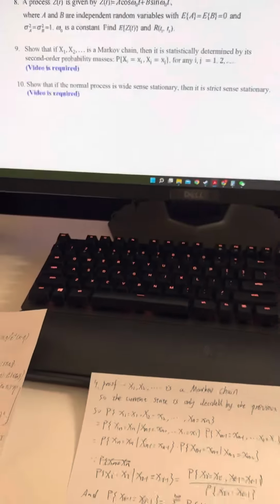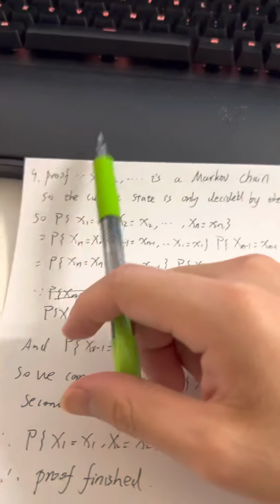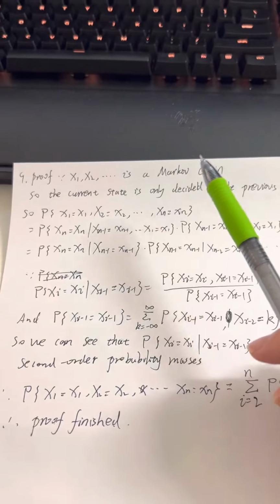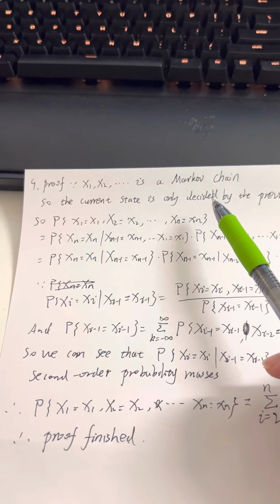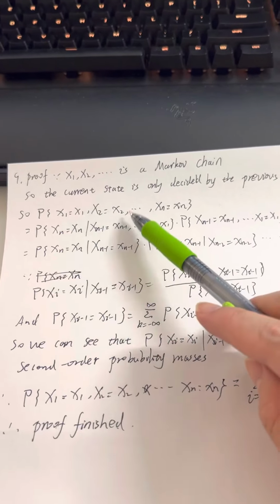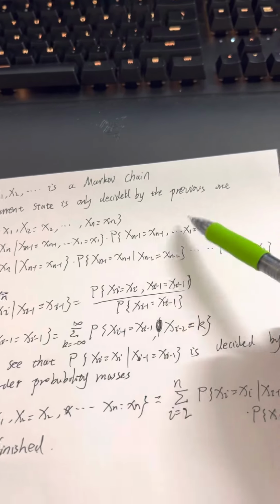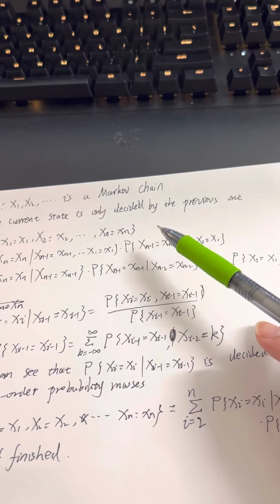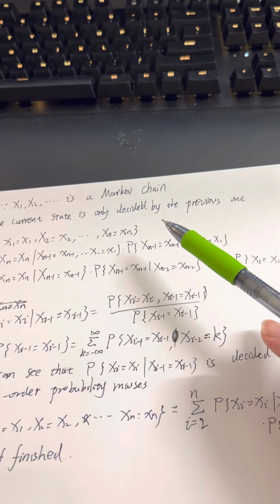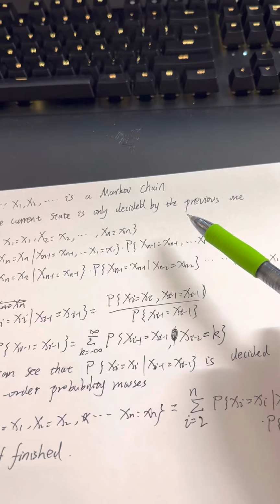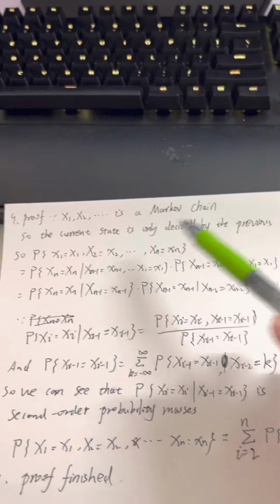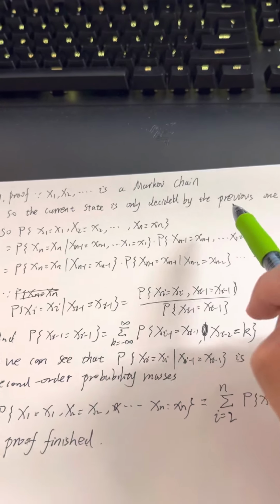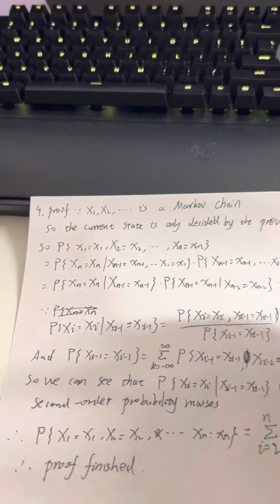Here we can easily see that a Markov chain has a very special property: its current state is decided only by the exact previous one, and the states before the previous one are not related to the current state. It is a very important property we should make use of.